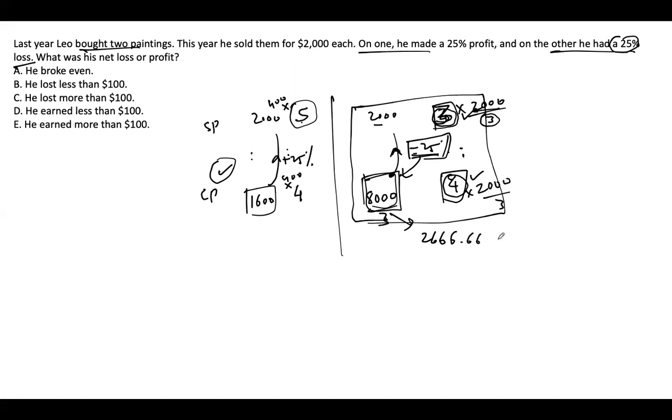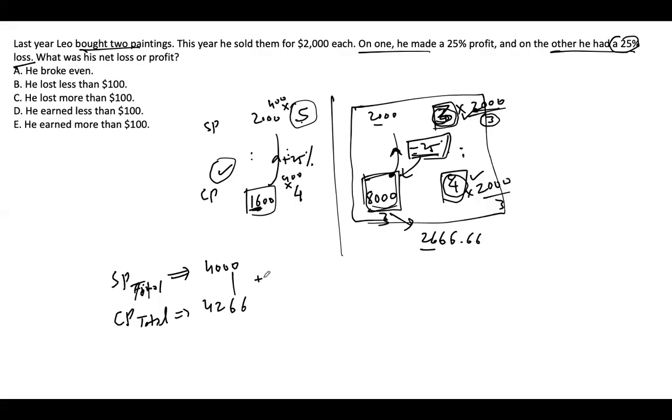So what is the final selling price, as in total selling price? Total selling price is 4,000 and the total cost price is 32,666.66. 32, 16 plus 26. 42, sorry. 42. So what's the loss?